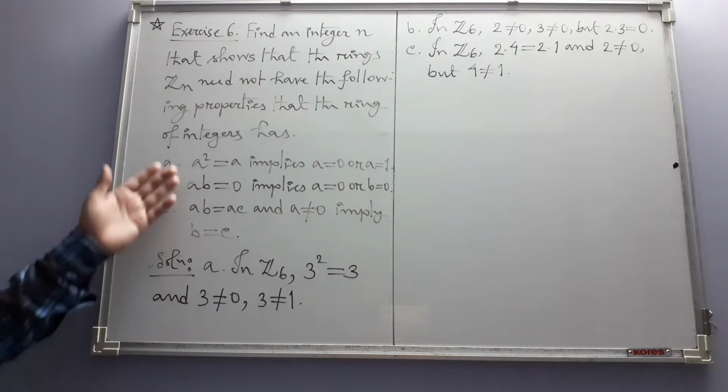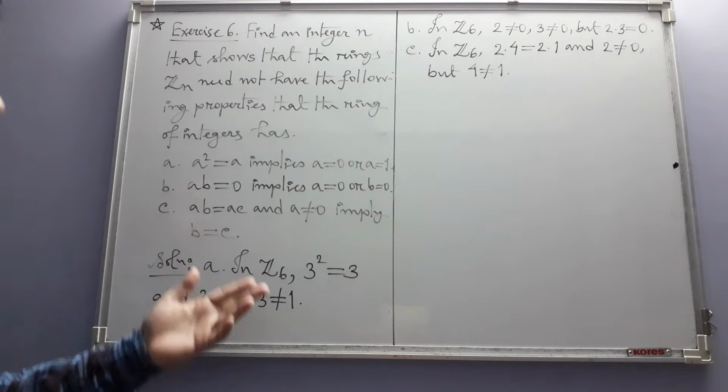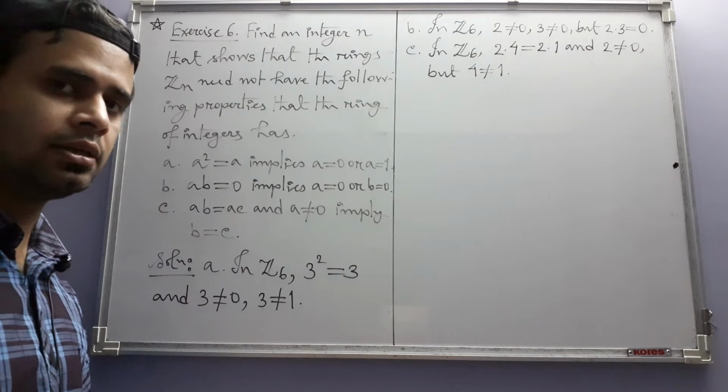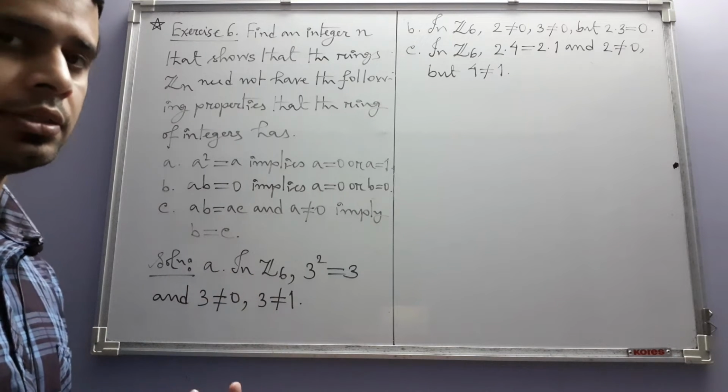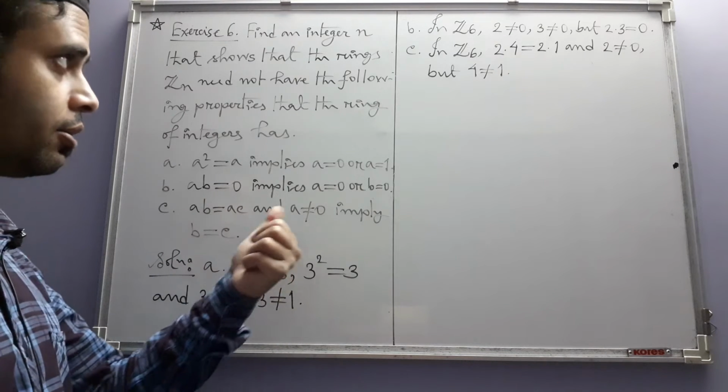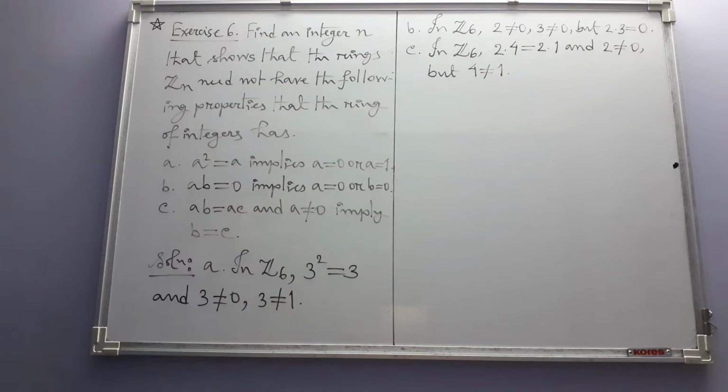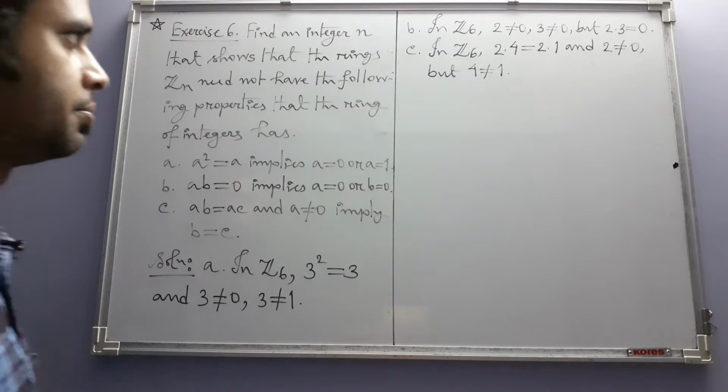Okay, so these things which are normally taken for granted when we are dealing with ordinary real numbers or integers, they are not necessarily true in these finite rings, the Zn.